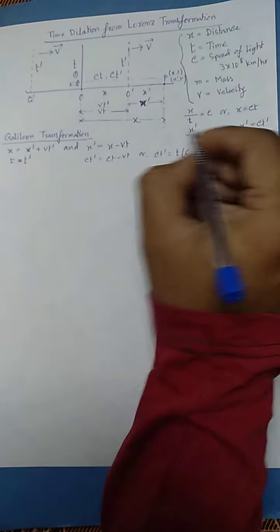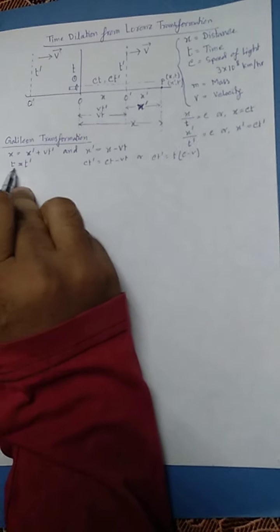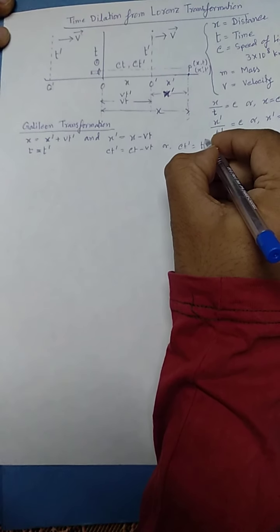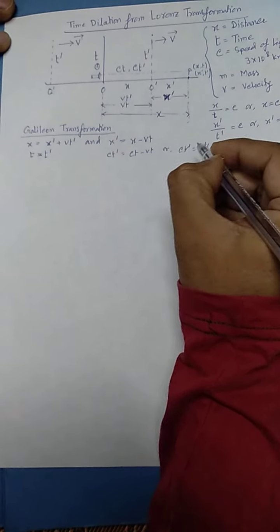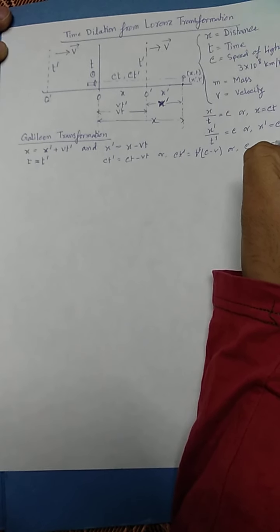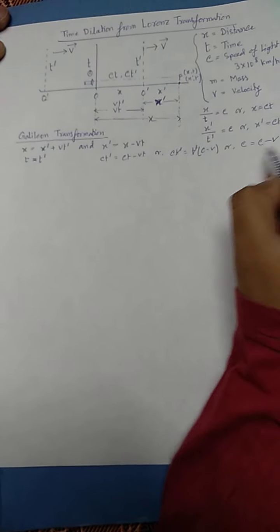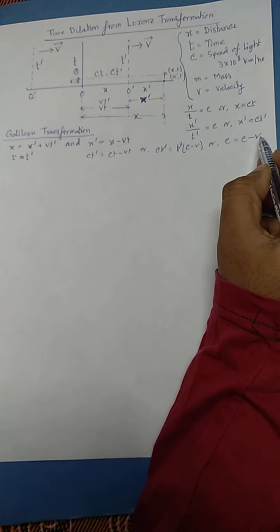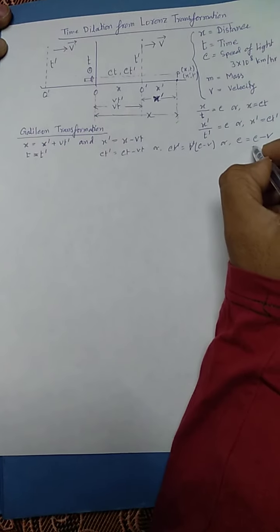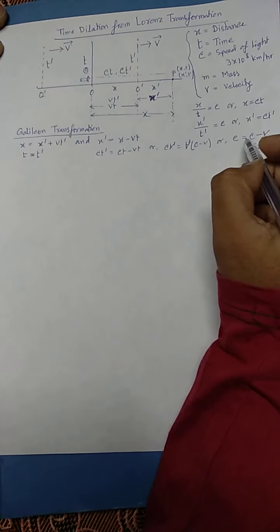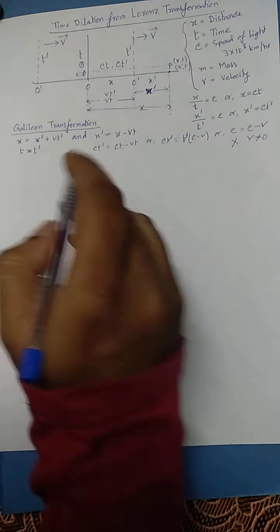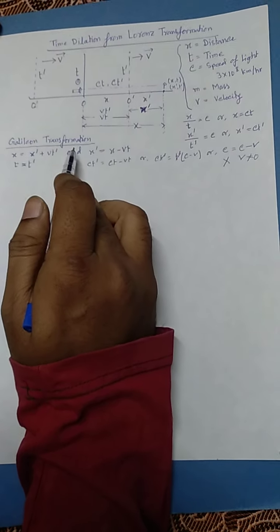Now if I assume t is equal to t prime, this thing will cancel out, so it becomes c equal to c minus v. This equation is true only if v is equal to 0, but we know that it has a finite velocity and v is not equal to 0, so this type of equation is wrong. So clearly there is something wrong in this Galilean transformation.